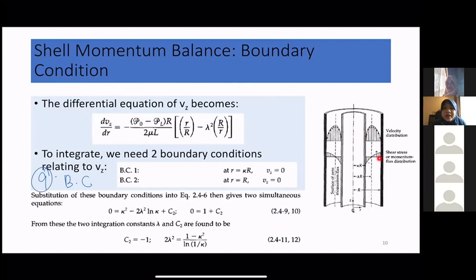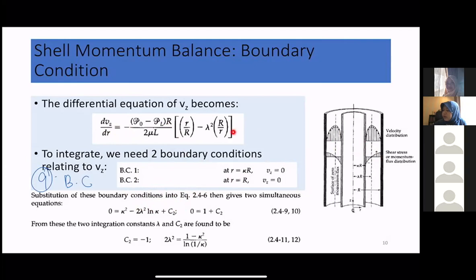Okay, so then there you have it. Here we substitute the boundary condition, this one, to here. Okay, and then the first one is 0 equal to that one. So this is the simplified version of that one. But I really suggest you try it by yourself. Just try to do it.